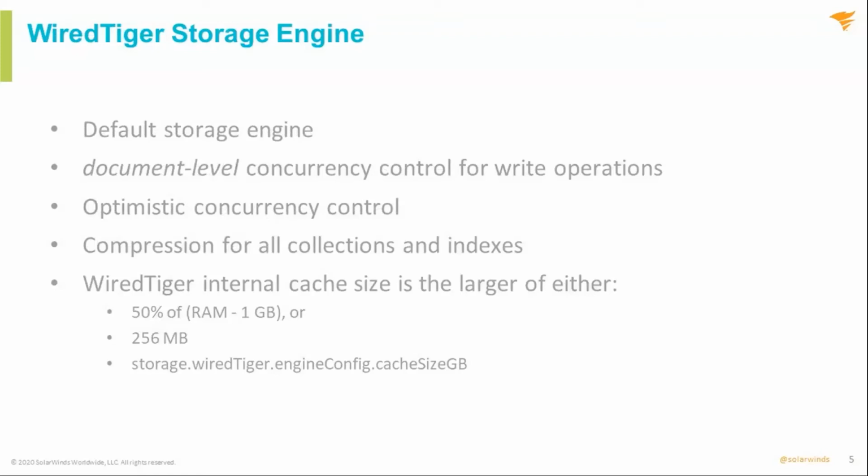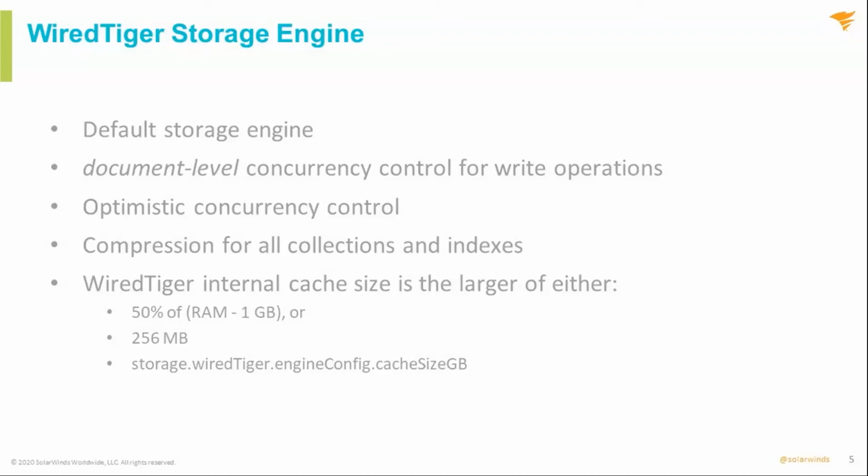The WiredTiger internal cache size should be set to the larger of either 50% of total RAM or total RAM minus 1 GB. Now this I see violated so many times. People will just be happy with the default 256 MB. You have a 10 or 20 gigabyte machine, people install MongoDB on top of it, and they never go and reconfigure the cache size for that.